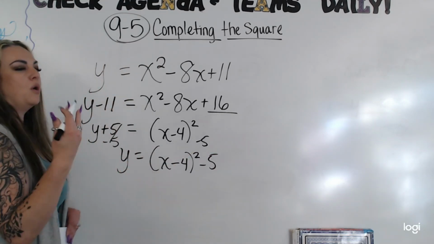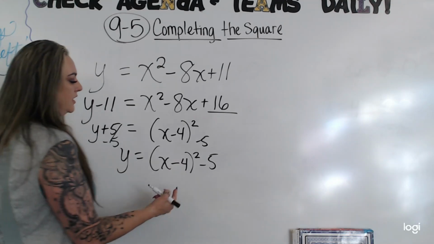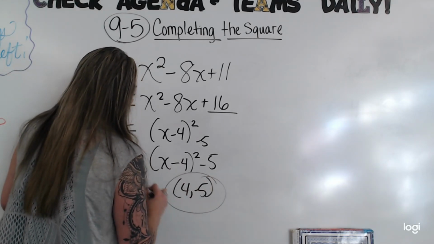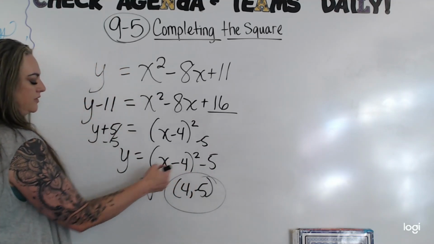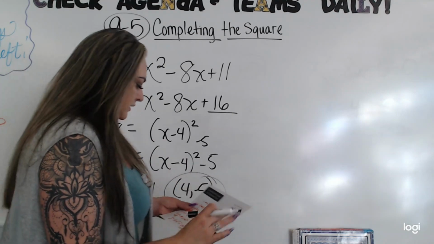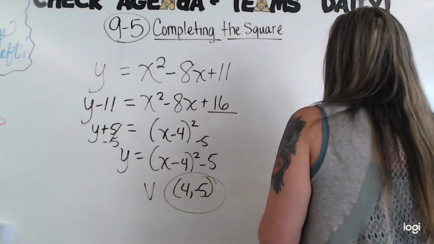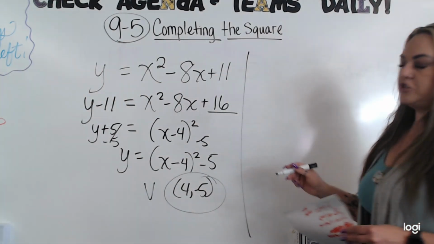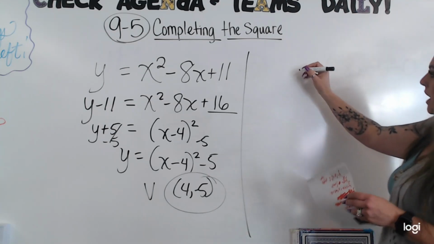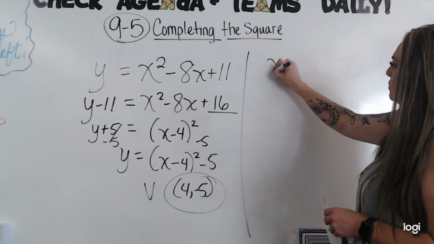What would our vertex be in our graph? It would be 4 and negative 5. HK, right? HK. Okay, so let me give you a couple to try. I feel like you should get this part down pretty well. If not, make sure you ask questions in class.